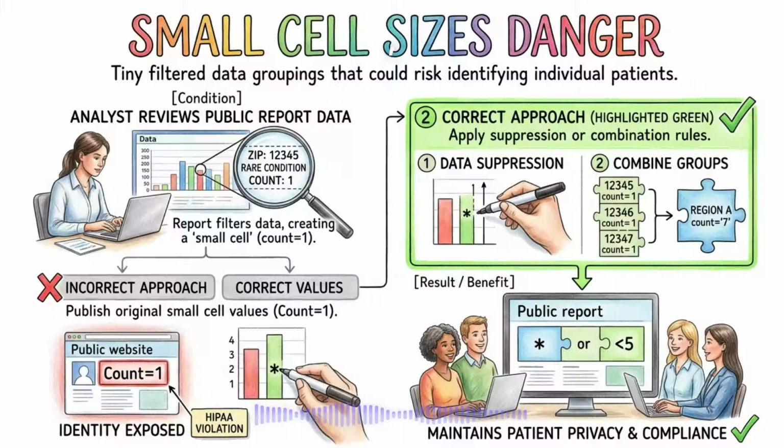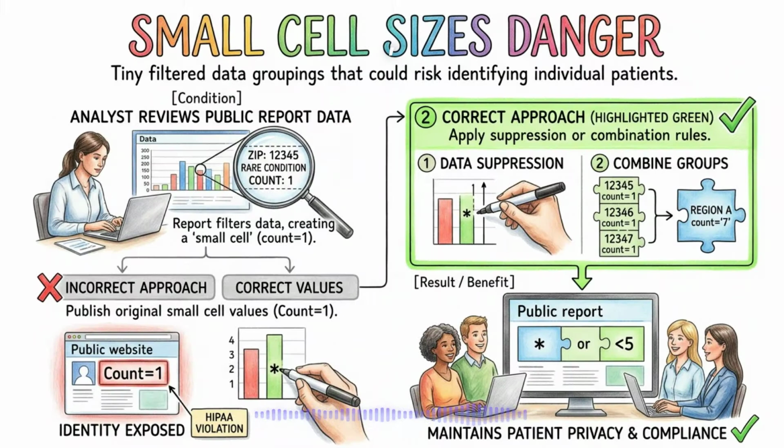As you build reports, you must constantly remain vigilant about patient privacy, specifically watching out for the danger of small cell sizes. In data visualization, a small cell size occurs when your chart filters the data down to a group so tiny that individual patients could accidentally be identified.